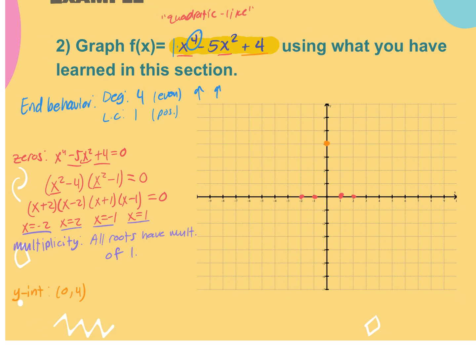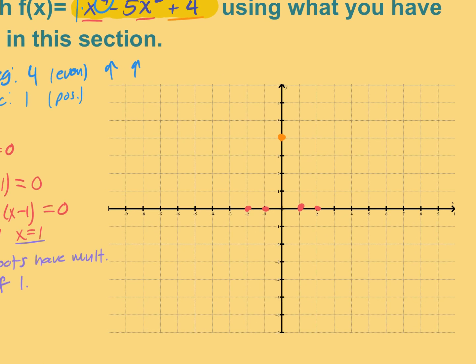So we can go ahead and connect some of these points. We know it's going to go up in both directions, and we know that it has to cross at negative 2. We're going to go back up because we need to cross at negative 1. We need to hit the y-axis at 4, but we also need to go back down to hit this 1, and then go back up to hit this 2.